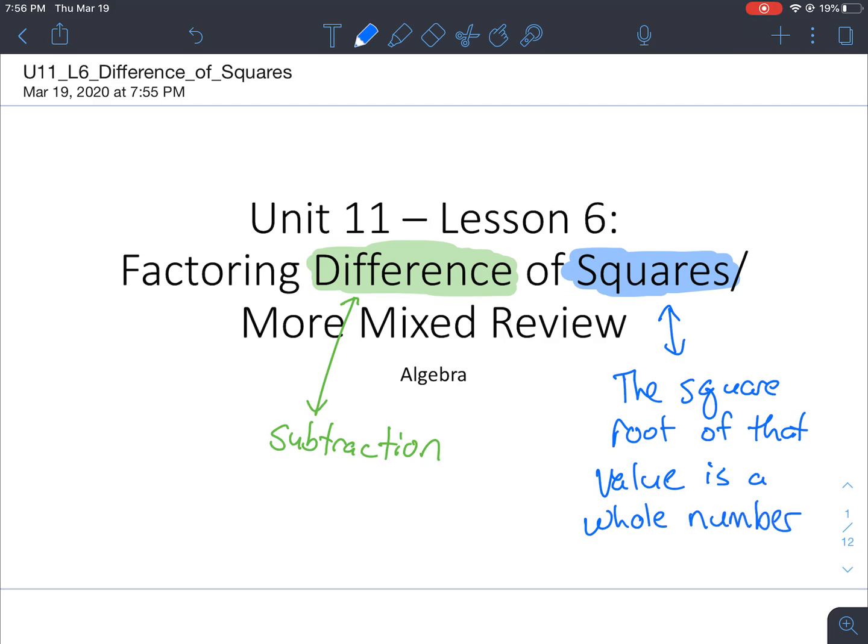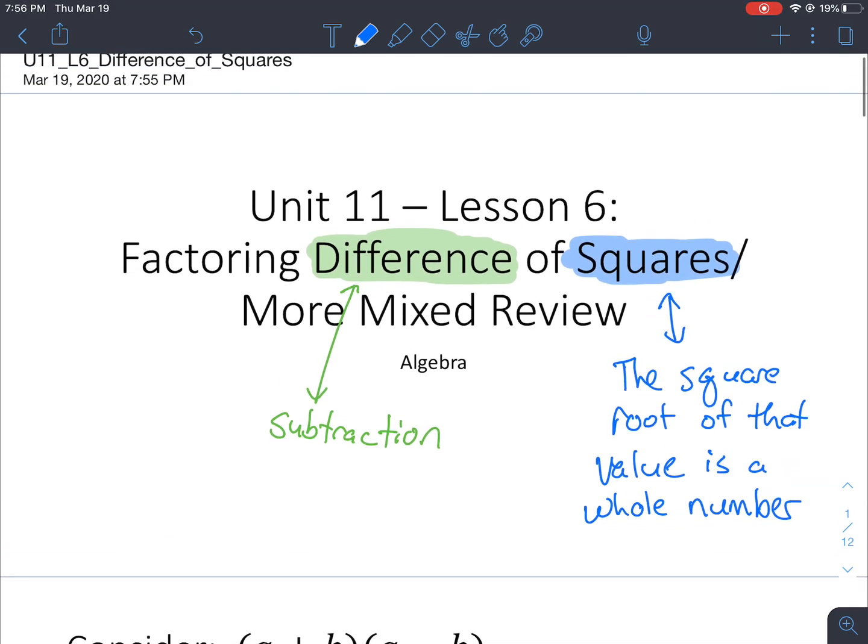So a square is a number whose square root is a whole number. So for example, 16 would be an example of a square, because if I take the square root of 16, that comes out to be 4. There's no decimal or anything like that. But if I were to take the square root of 20, that would be 4 point something, which means that 20 is not a square.